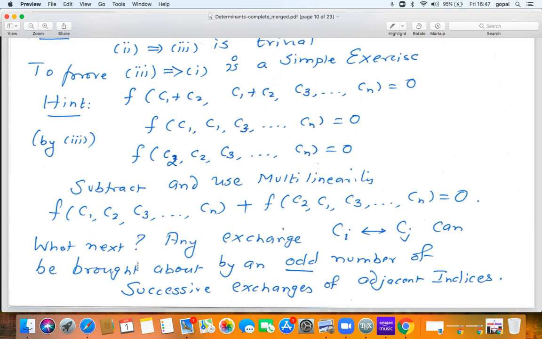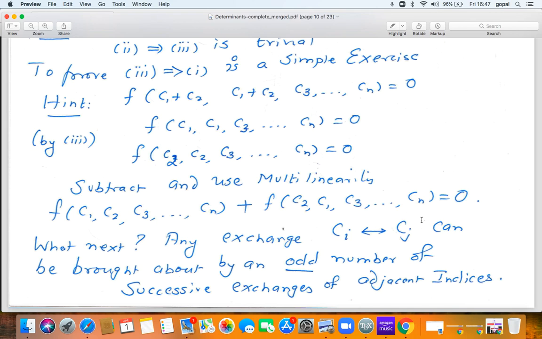But now I'm going to do an odd number of swaps of adjacent columns, and that is going to have the effect of swapping two specific non-adjacent columns, Ci and Cj. Now the question that I want to ask you is, how do I know that I need an odd number of successive adjacent swaps? How can I be sure that it's odd?